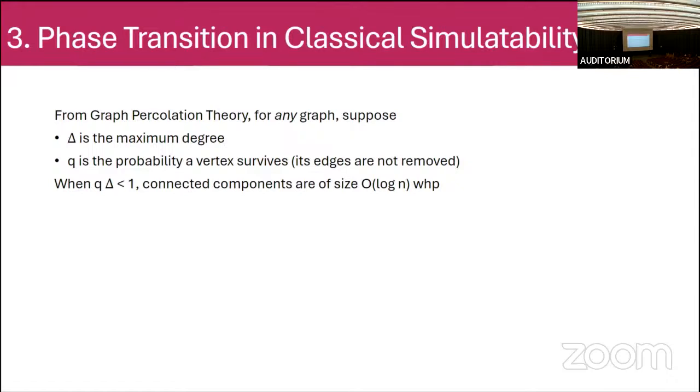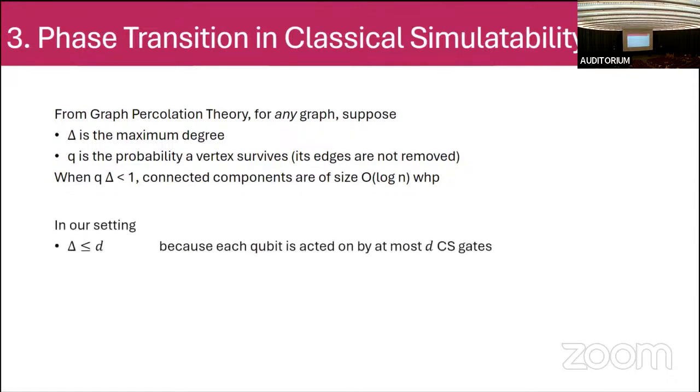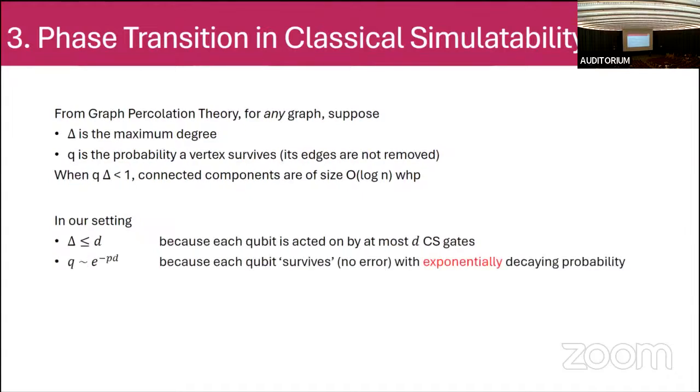So in our setting, in the graph that I just showed in the previous slide, the degree of your graph is bounded by your depth. And the probability that your vertex survives, that a qubit remains non-dephased, decays exponentially. And this is sort of important, because there's a certain probability it survives the first layer.